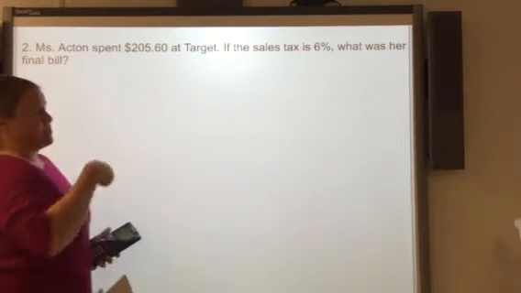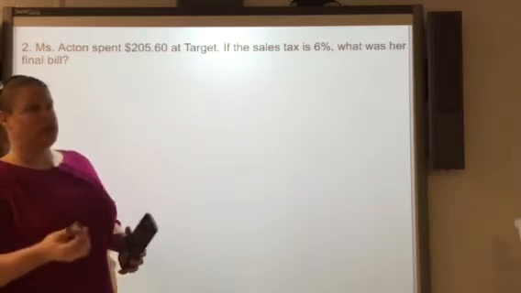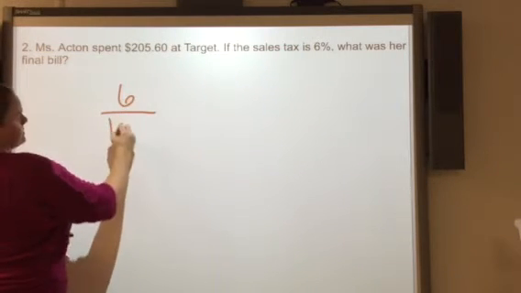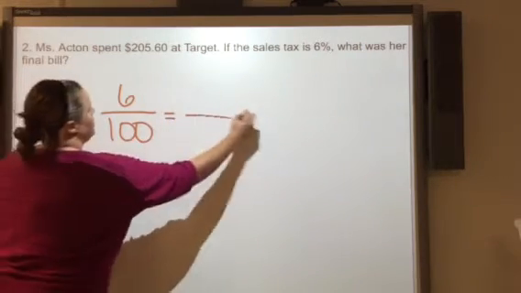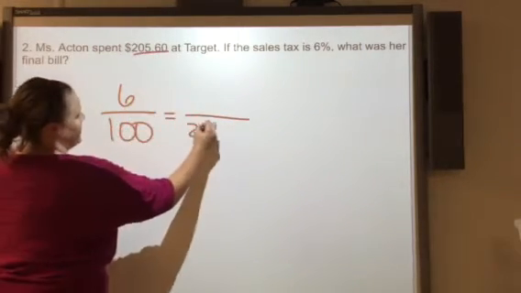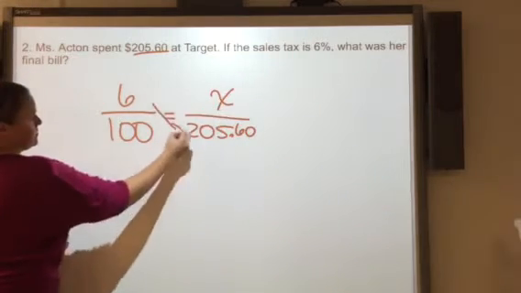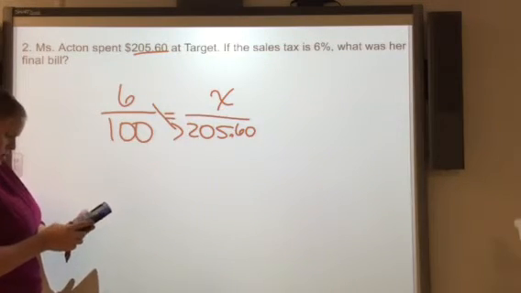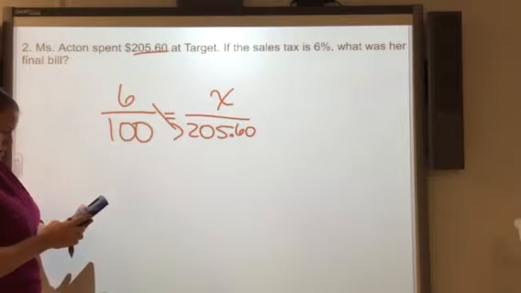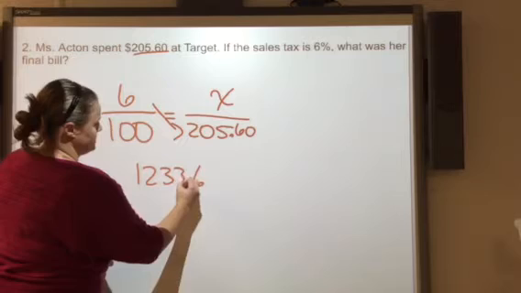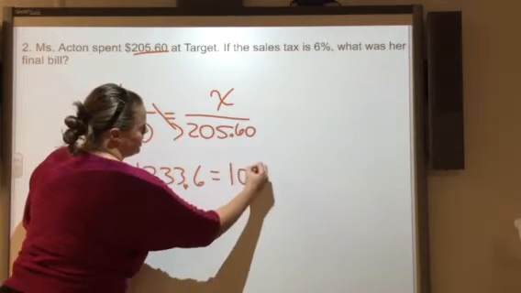So again, sales tax is another one of those values that gets added on to the total. So 6% is the tax over 100. We know the total is 205.60. So we cross multiply, and that's $1233.60 divided by 100.